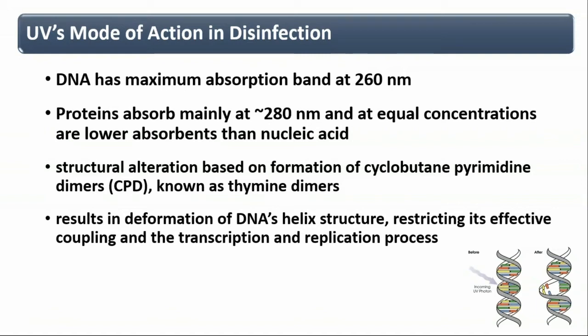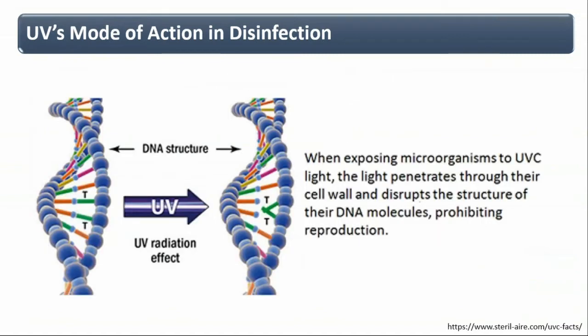So it's mainly the action on the DNA rather than on some of the enzymes in cells that is responsible for the disinfection. And the structural alteration is based on the formation of cyclobutane pyrimidine dimers. I know it all sounds very technical, and those are often just called thymine dimers, thymine being one of those nucleotide bases. And it's normally when these dimers are formed that the DNA structure, when it is unraveled, cannot be replicated, and therefore cells can't reproduce.